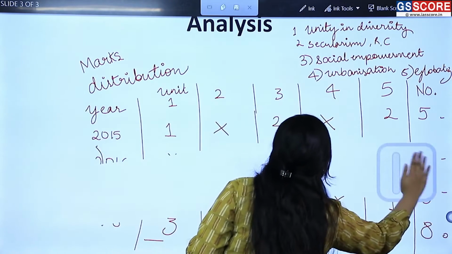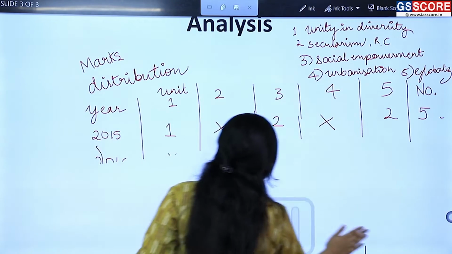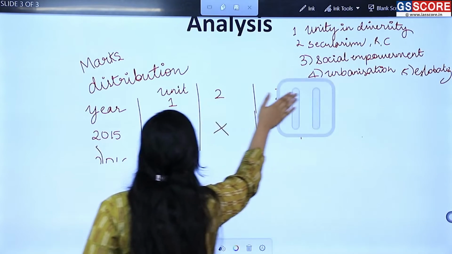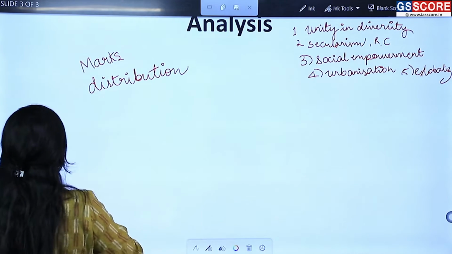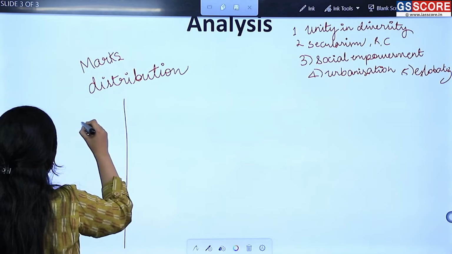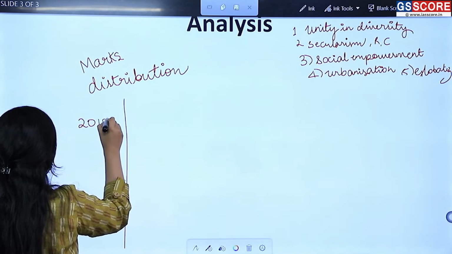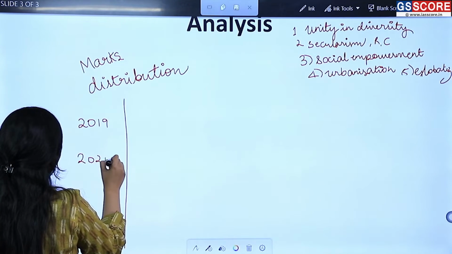Now let us understand how the other 3 years have fared. I'll just erase this part. From 2019, 20, 21, because this is going to give us a picture about how we need to approach the syllabus now. Right? 2019, 2020 and 2021.